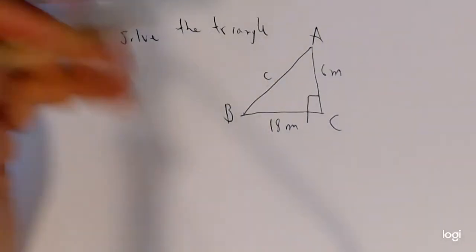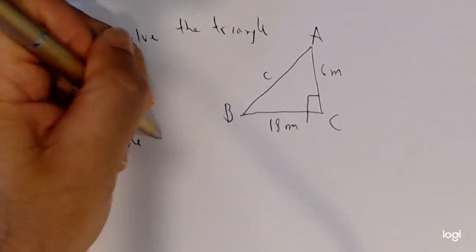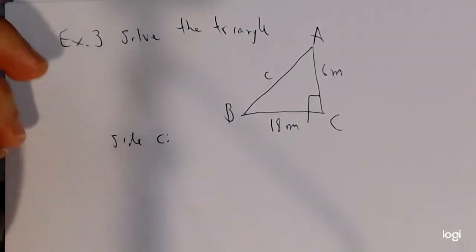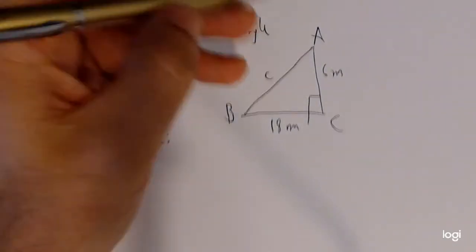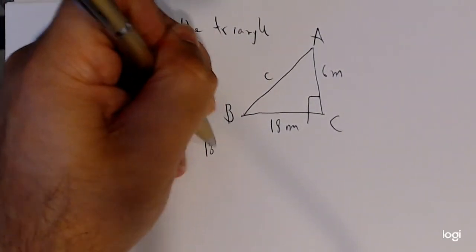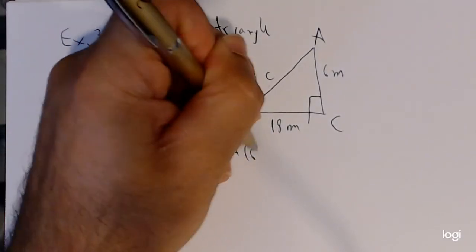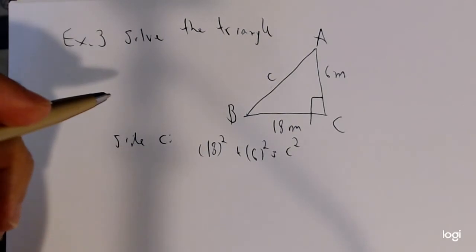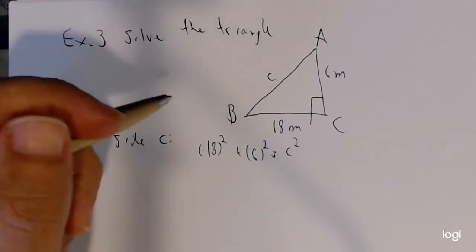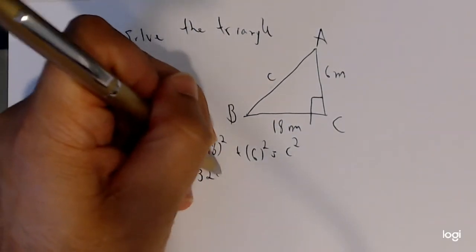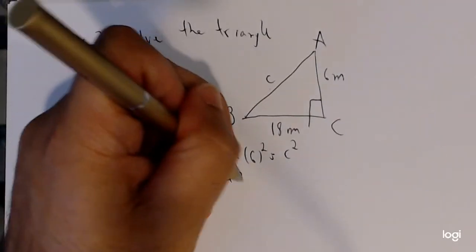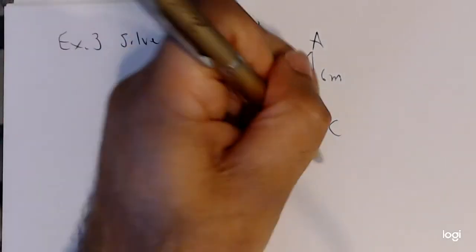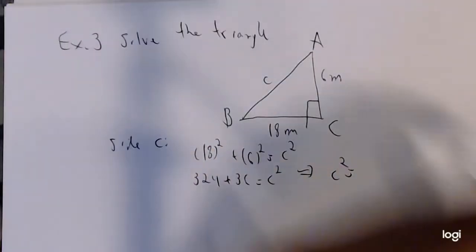Well, we're missing side C, which, see, now we could find side C if we want using the Pythagorean theorem. That's no problem. So let's do that real quick. So what would side C be? It'll be 18 squared plus 6 squared equals C squared. So then 18 squared is literally going to be 324, plus 36, equals C squared, which implies C squared equals 360.